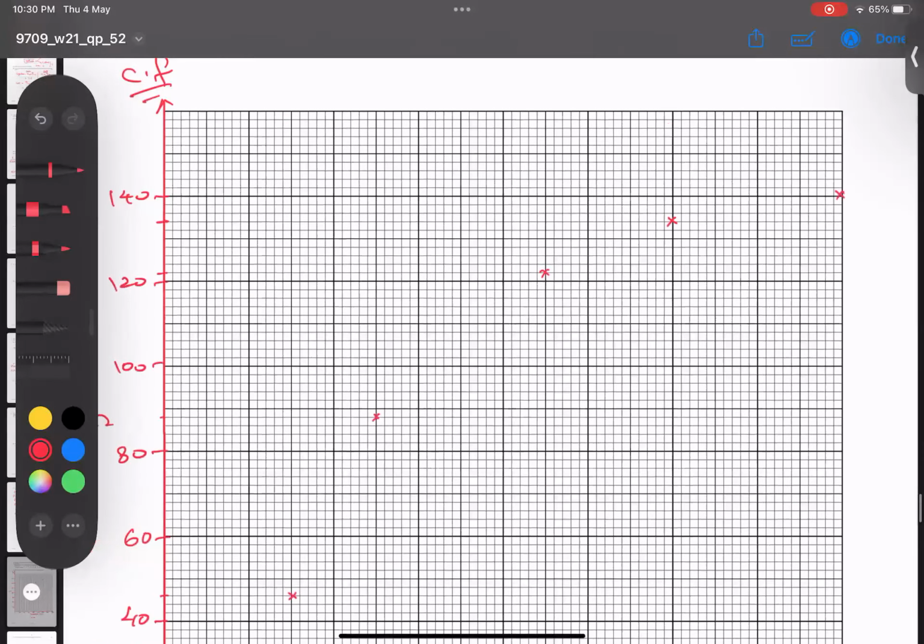All correct. Now, students, I'm going to join the points freehand, and don't draw with the scale.